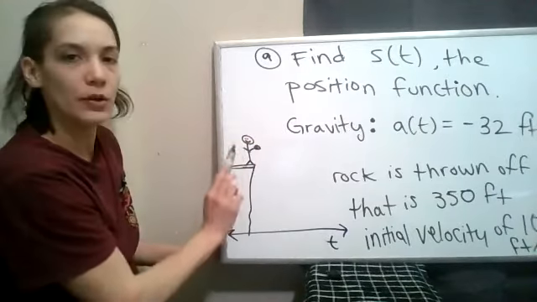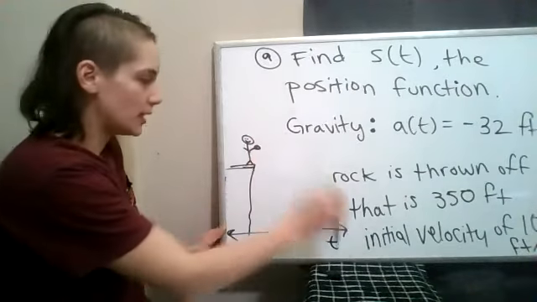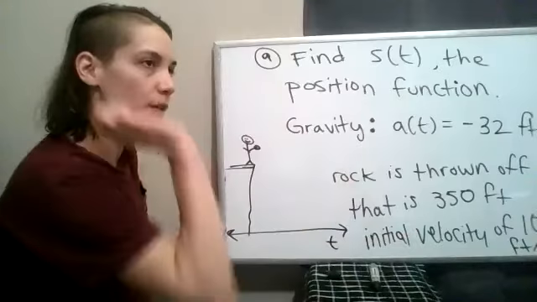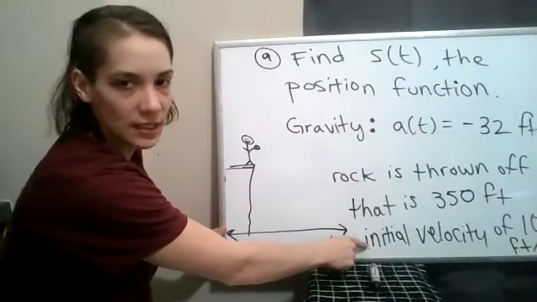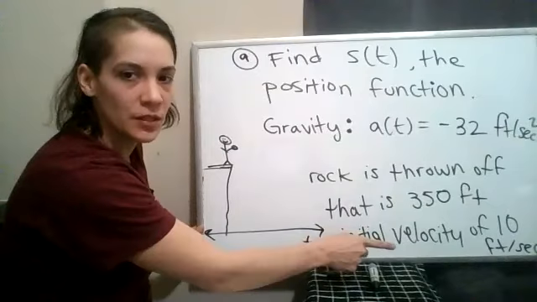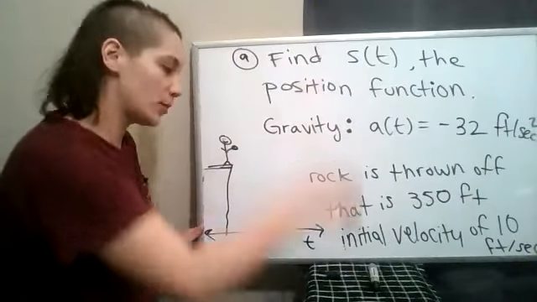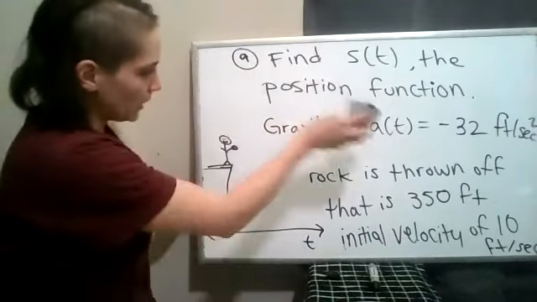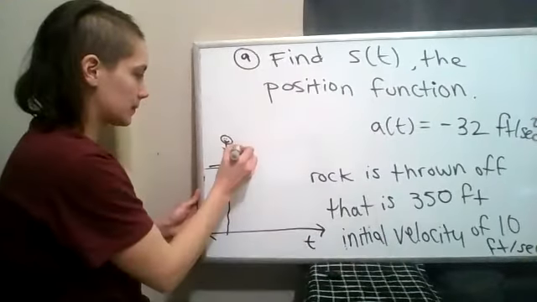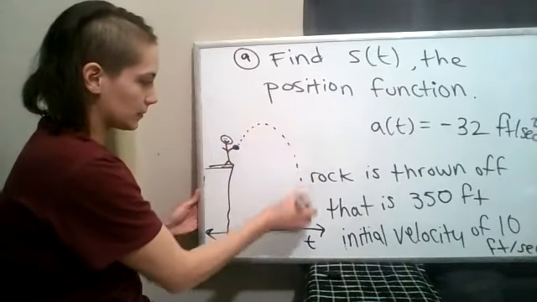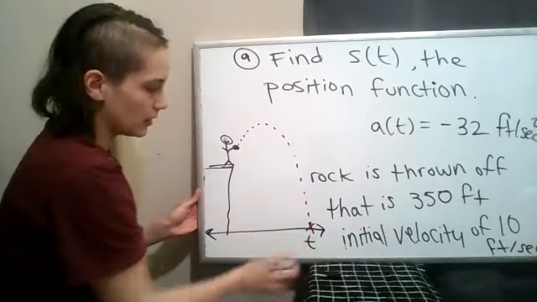Okay, and then they throw a rock with initial velocity. They don't just drop it, because if you drop it, the initial velocity is 0. But the initial velocity is 10, so they're going to toss it upwards a little bit, and it's going to hit the ground.